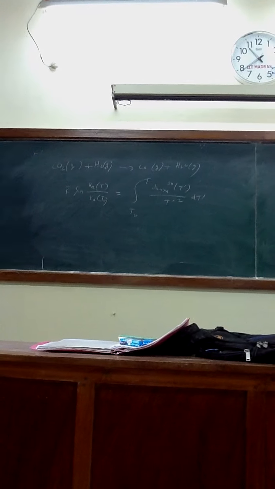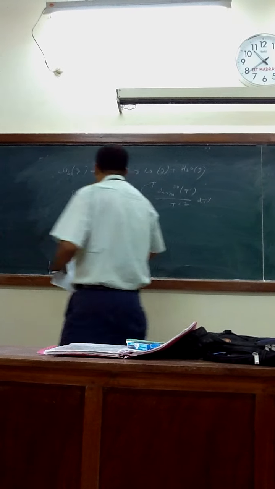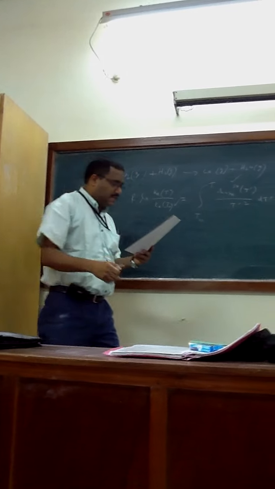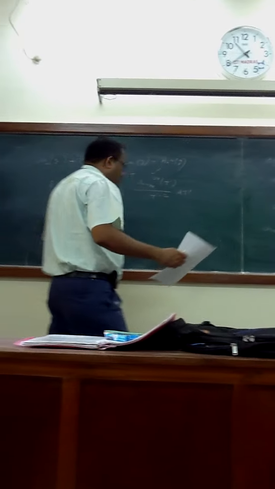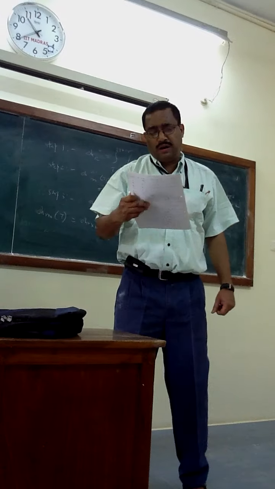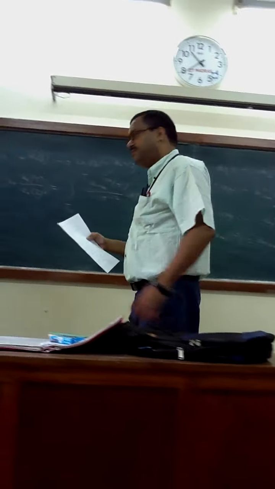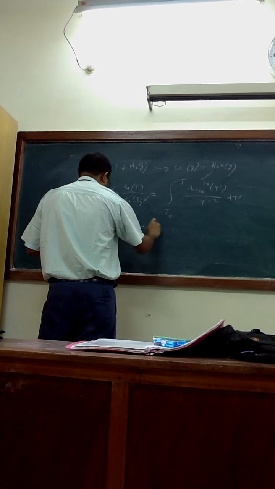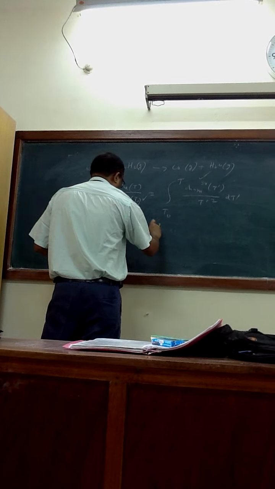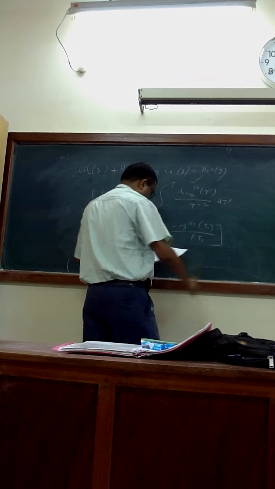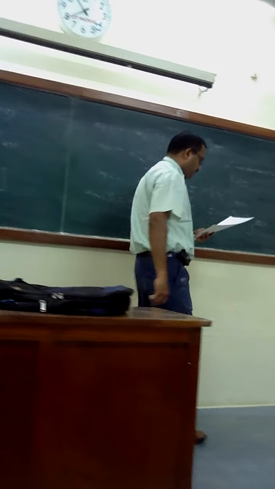Two things you have to do, as I have told in the class: this thing and this entire integral. How to get K at T0? The K at T0 formula is known. It is the exponential of minus delta G reaction at T0 by R T0.